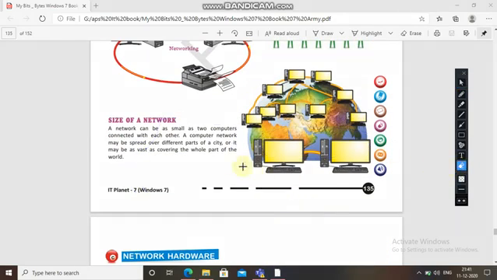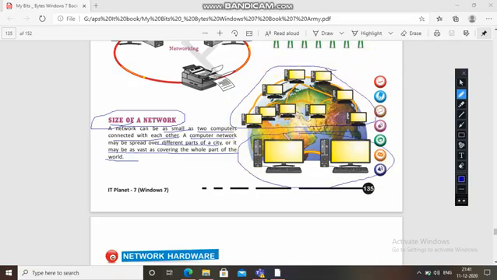Now, the size of network. A network can be as small as two computers connected with each other. Okay, this small it can be. That means two computers connected with each other are forming a network. So a computer network may be spread over different parts of a city, or it may be vast, covering the whole part of the world like you are watching over here.